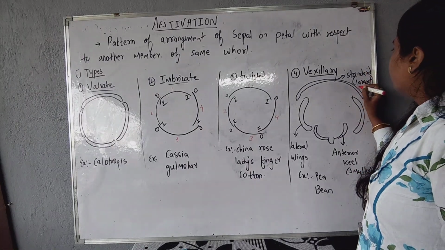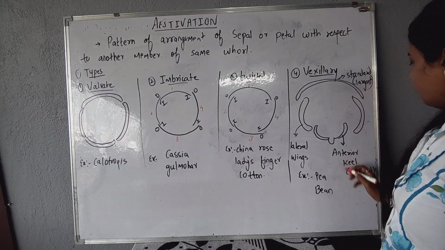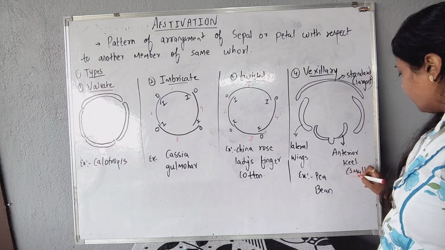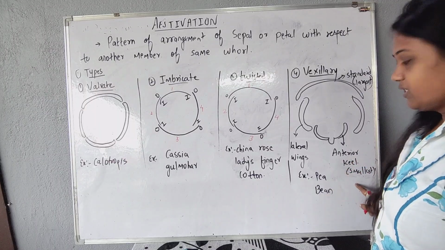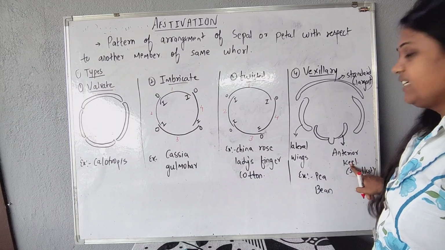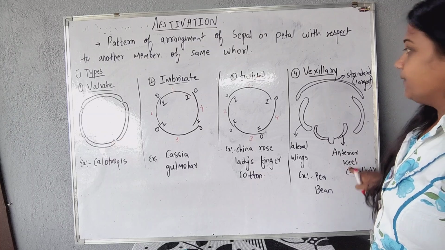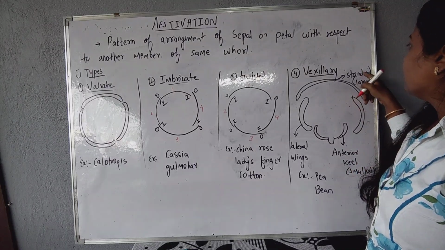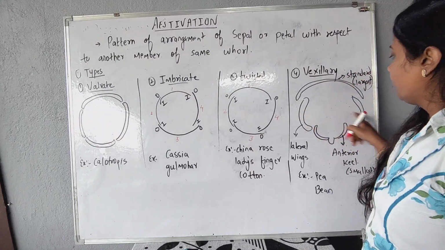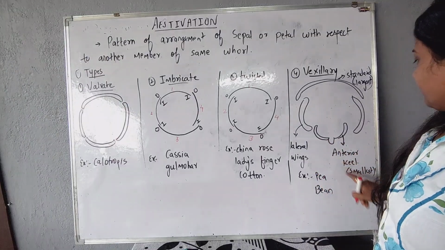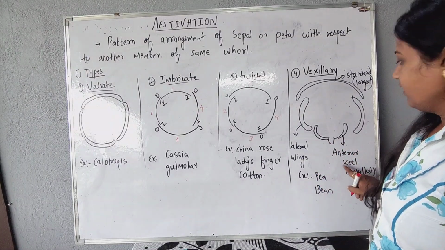Remember, the posterior most is the largest and the anterior most is the smallest. The anterior most, the smallest, is called keel.